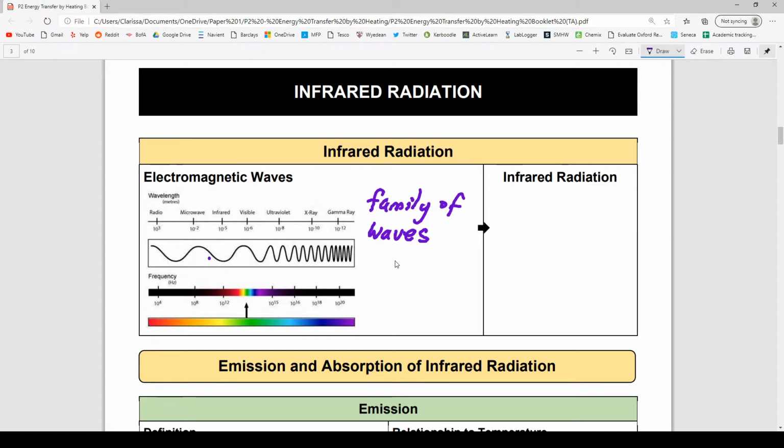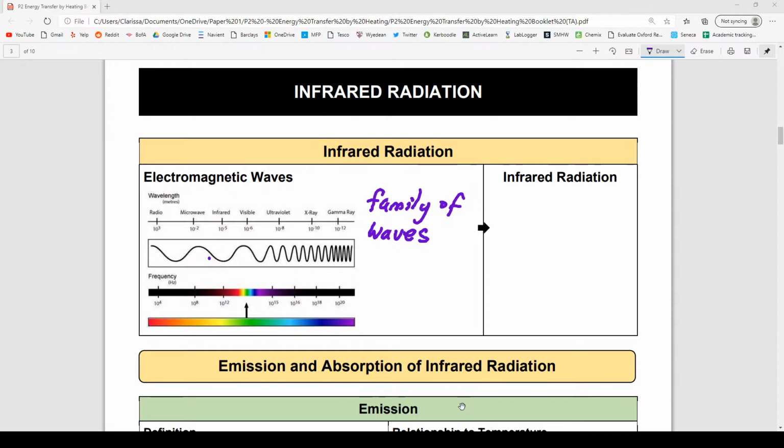Now we have radio waves, microwaves, visible light, ultraviolet, X-rays, gamma rays, all fall under this category. We call them electromagnetic waves. And infrared radiation is also one of those waves. So infrared radiation, basically heat gets transferred through waves.